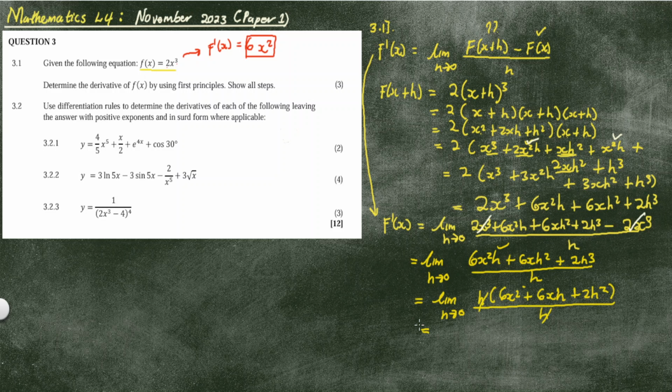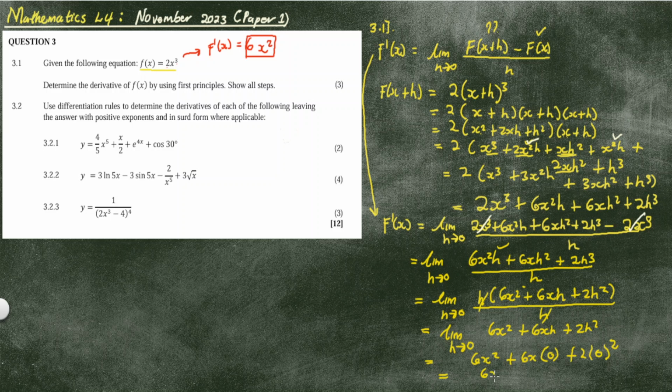After this cancellation you can now substitute h again. We have 6x squared plus 6xh plus 2h squared. Now we substitute again: 6x squared plus 6x, where there's h we put 0, plus 2 times 0 squared.